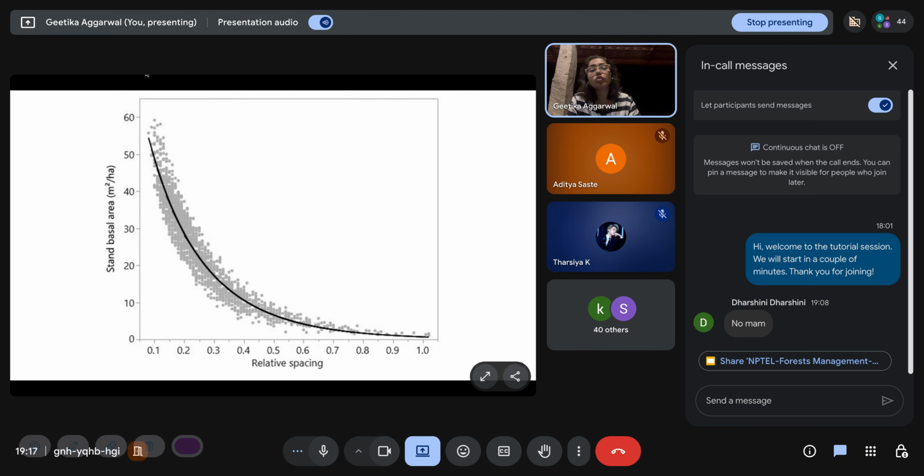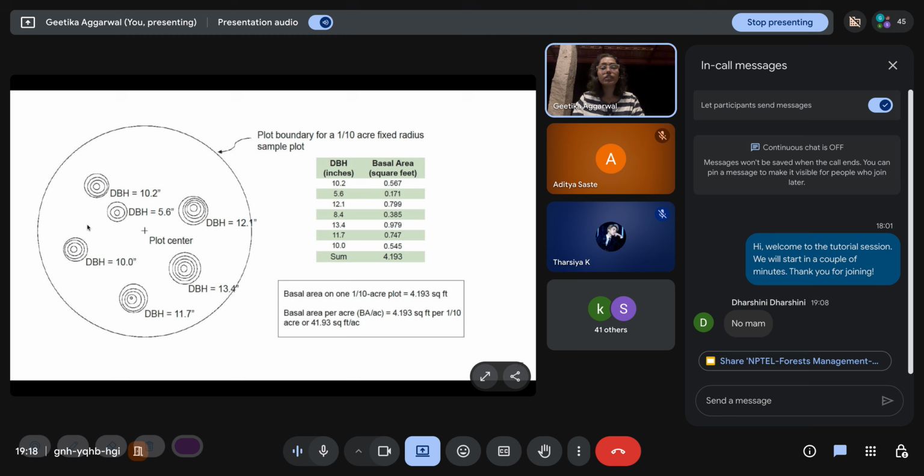And then, if you look at stand basal area, and if you plot it against the relative spacing, you see that stand basal area is high if the spacing between trees is low, and as the spacing goes up, the stand basal area decreases. So if you look at this here, if these trees were very far apart, you would not have the same amount of basal area in this land, right?